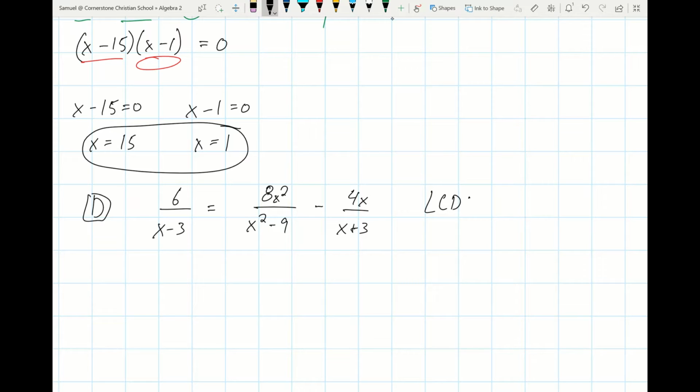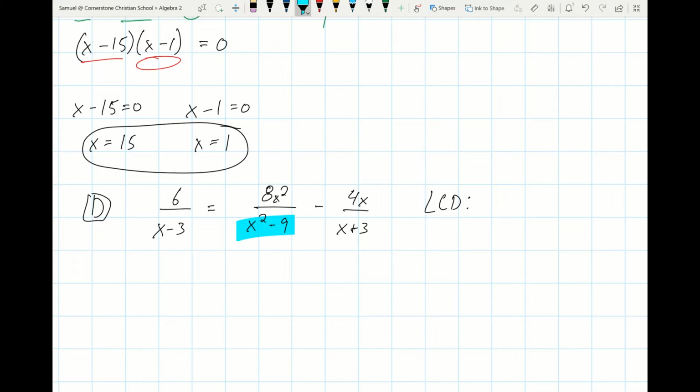However, the LCD would not be all of these fractions, all of these denominators in these fractions, because some of them actually overlap. This one right here, I know, can be simplified.